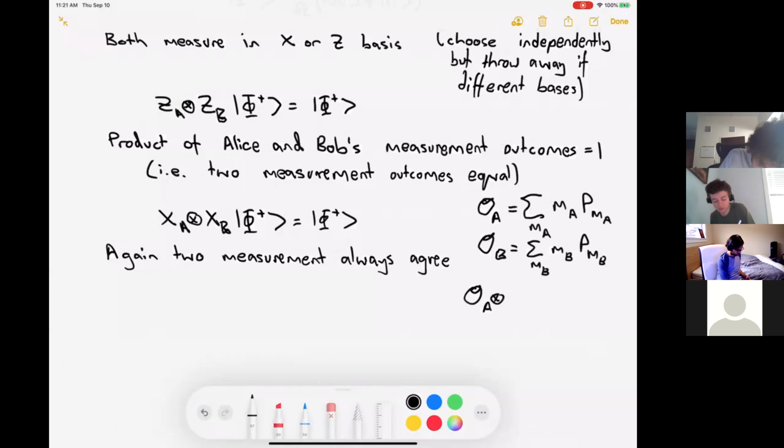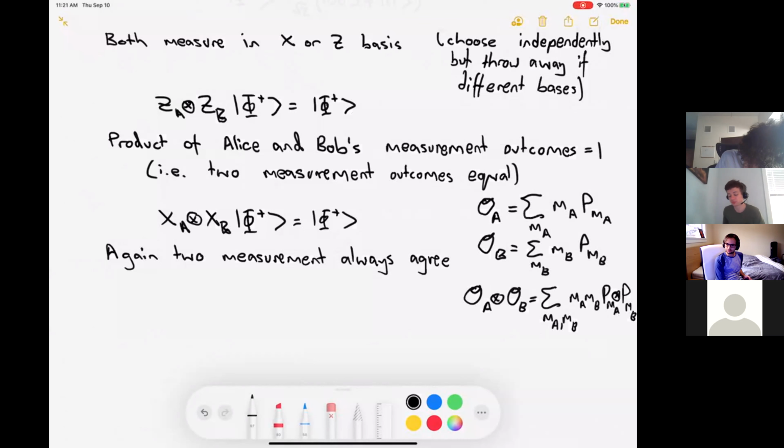OA tensor OB is the sum over MA and MB of MA times MB, times the projector onto MA tensored with the projector onto MB.